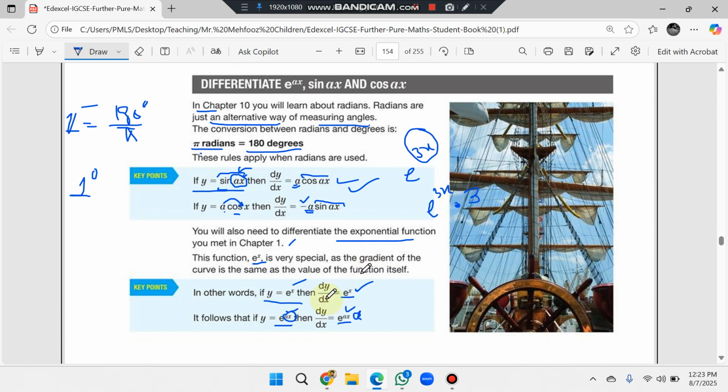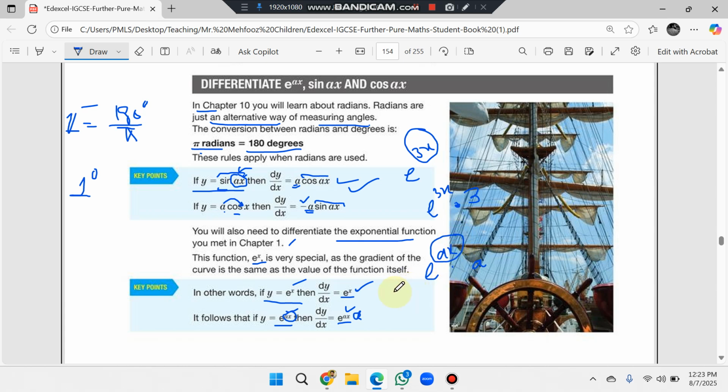That is 3. Now in this case we have not any 3, we have a constant, any constant, that is a. So e raised to the power ax has the derivative e raised to the power ax multiplied by a, due to the variable being ax.